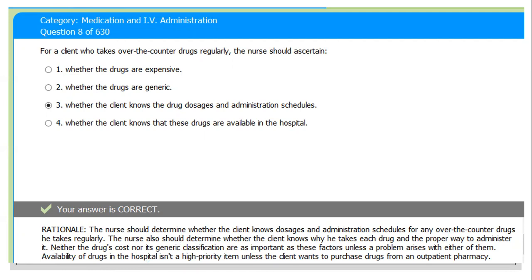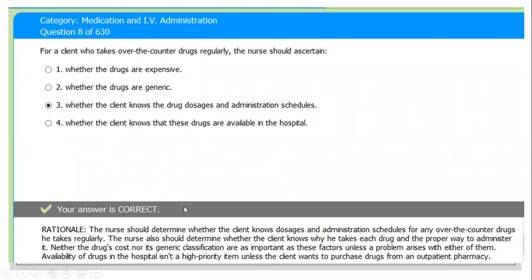Neither the drug's cost nor its generic classification is as important as these factors unless a problem arises with either of them. Availability of drugs in hospital is not a high priority unless the client wants to purchase the drugs from the outpatient pharmacy.